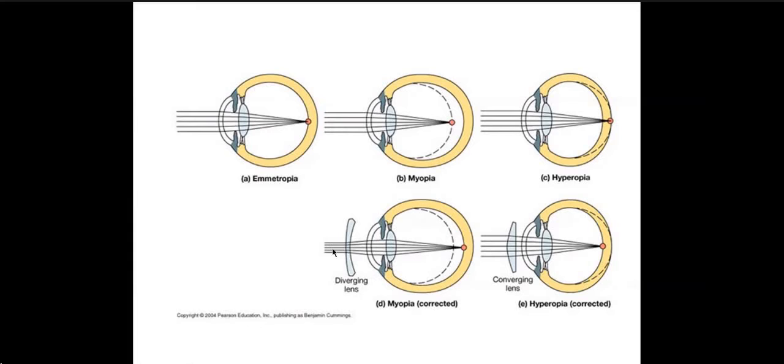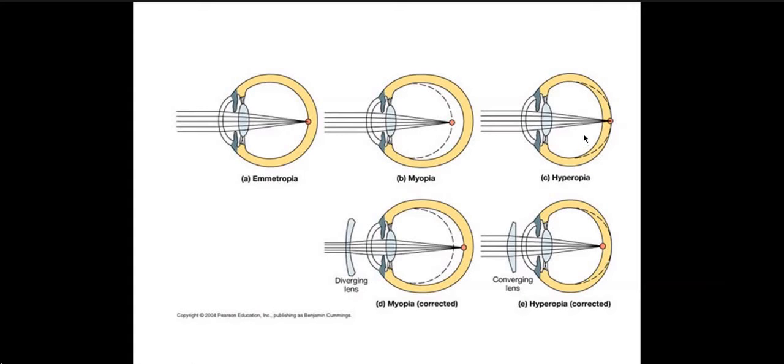So the parallel rays are diverged, go to the peripheral portion of the lens, and are properly focused on the retina. And in case of hypermetropia, the parallel rays are converged and go through the central part of the lens, focusing in the proper place.